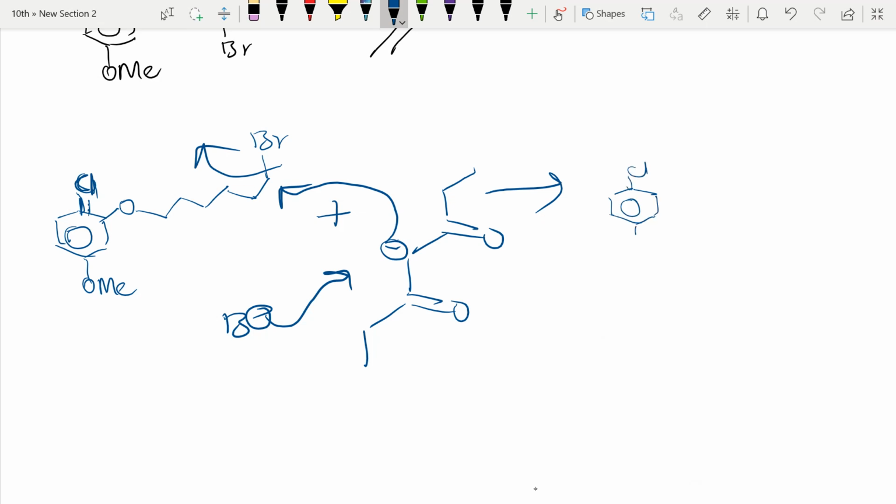So OMe here, and oxygen, CH2, CH2, CH2, CH2, CH2, CH2, and other things as usual, CH2, CH3, and here this CO, CH2, CH3. I hope this was our target molecule, right? Initially we started with it, right? So this is about disconnection, right? How that happened, we have studied everything.